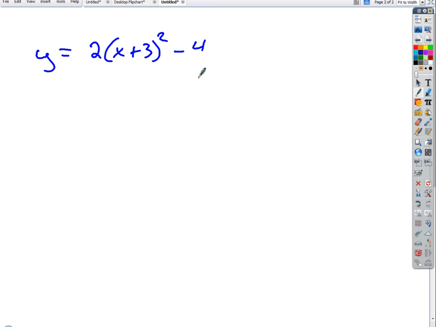What would I do if I wanted to write that in ax squared plus bx plus c form, general form? Yeah, good. I'm gonna simplify. And the point I want to make here is that with any function, if you just simplify it, you always end up with what we call general or standard form. Okay, so in this case, we'd have to follow order of operations, right? If we're simplifying, whoops, hang on, thinking foil.